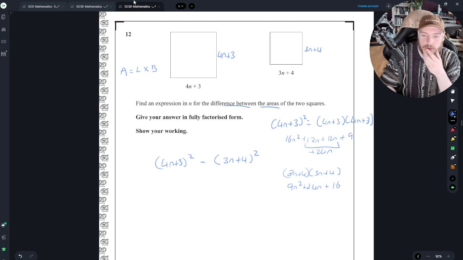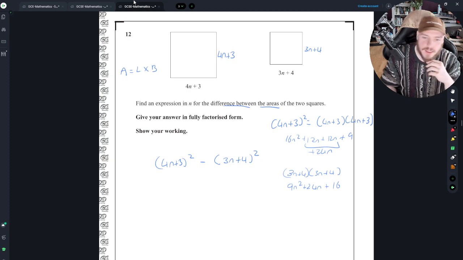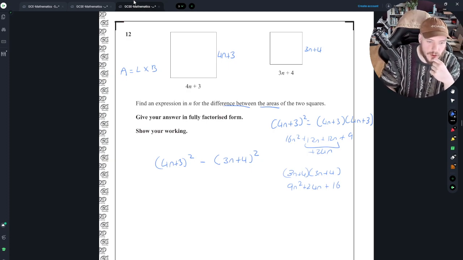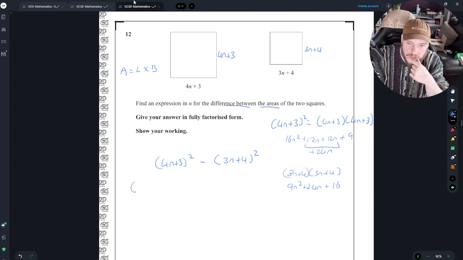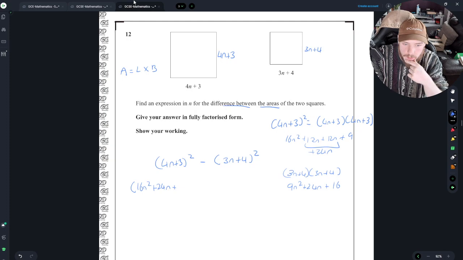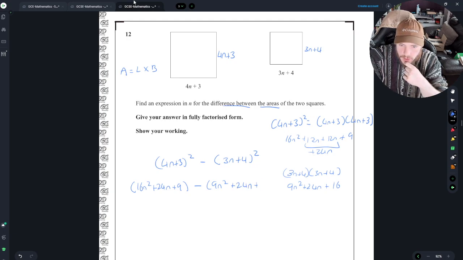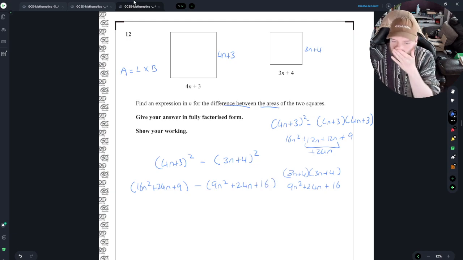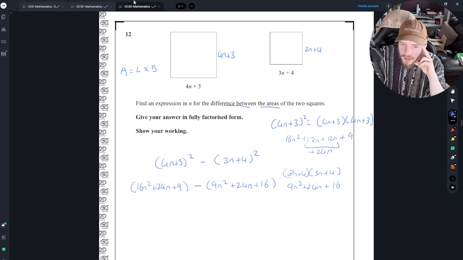So now let's insert these into our equation again. 16n squared plus 24n plus 9 minus 9n squared plus 24n plus 16. So this minus is going to apply to all of our terms here.